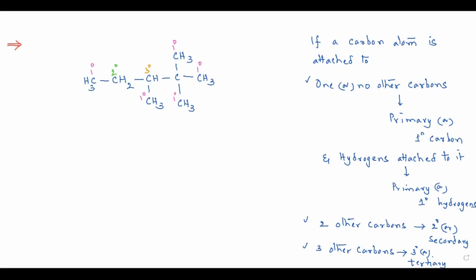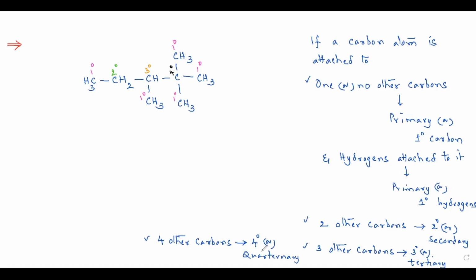Now the final thing, that is this one, look at this. See, it is connected to 4 other carbons: 1, 2, 3, and then this 4th one. So if a carbon atom is attached to 4 other carbons, it's called 4-degree or quaternary carbon.